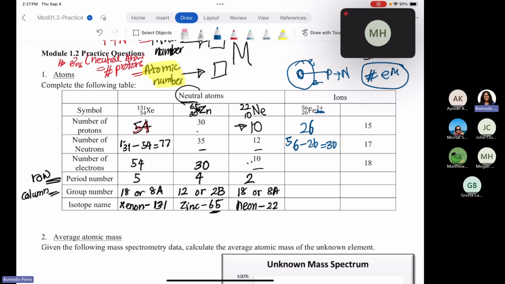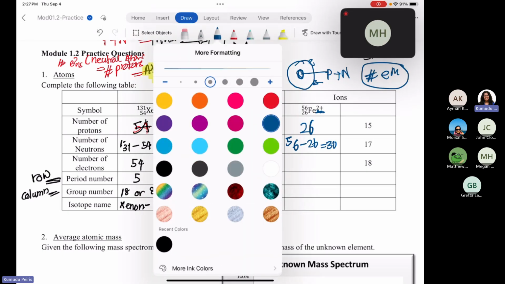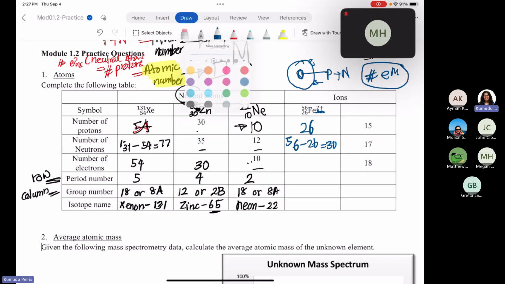How many extras? Two extras. So how many electrons had been lost? Yes, two electrons should be lost. In the neutral atom we had 26 but have lost only 2. So now the electrons must be 24.